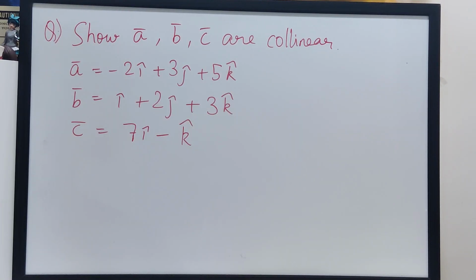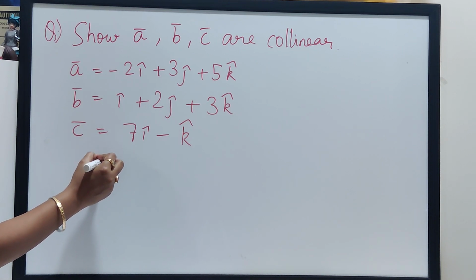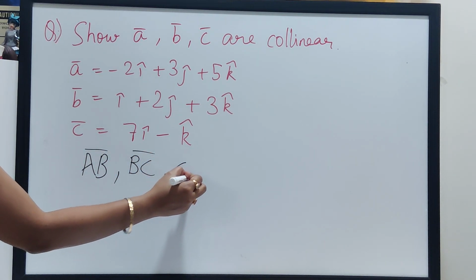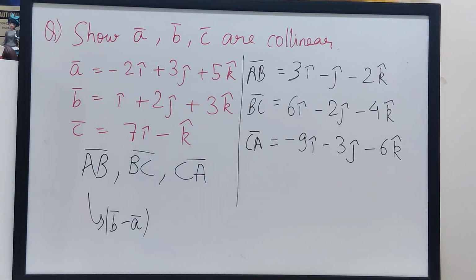Now next question, show that A, B and C are collinear. So first calculate AB, which is B minus A, then BC. Similarly calculate CA. Now take out the magnitude of AB, BC and CA.